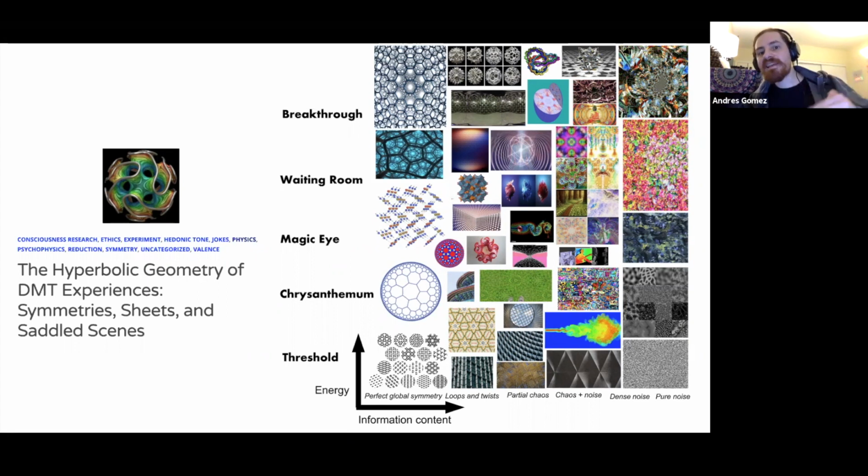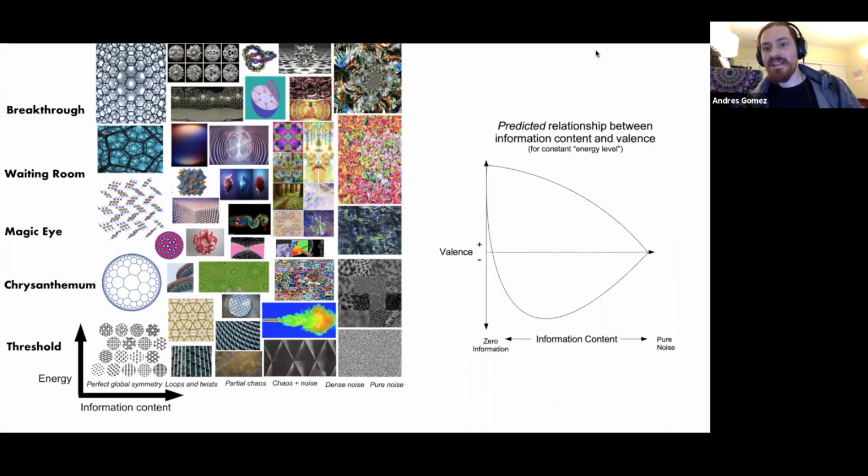And the energy level is a matter of dose. The height is very dose dependent. But the valence, I think, is very dependent on where in the information content you find yourself. Here again, there's this diagram: the most blissful experiences you may have on DMT are going to be on these honeycombs and perfectly symmetrical patterns.